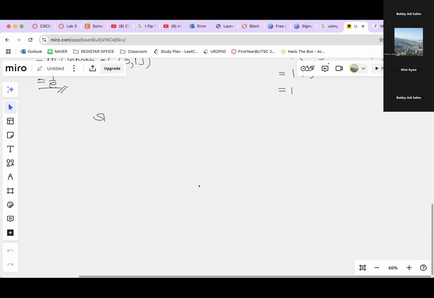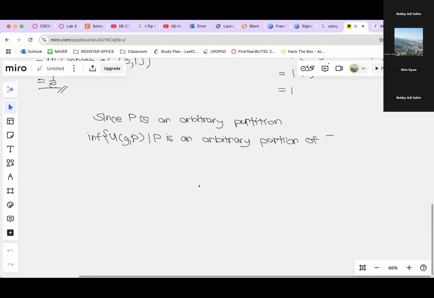So since P is an arbitrary partition, the infimum of U of G, P such that P is an arbitrary partition of [0, 1], we can see what that value is over here. That is equal to 1.